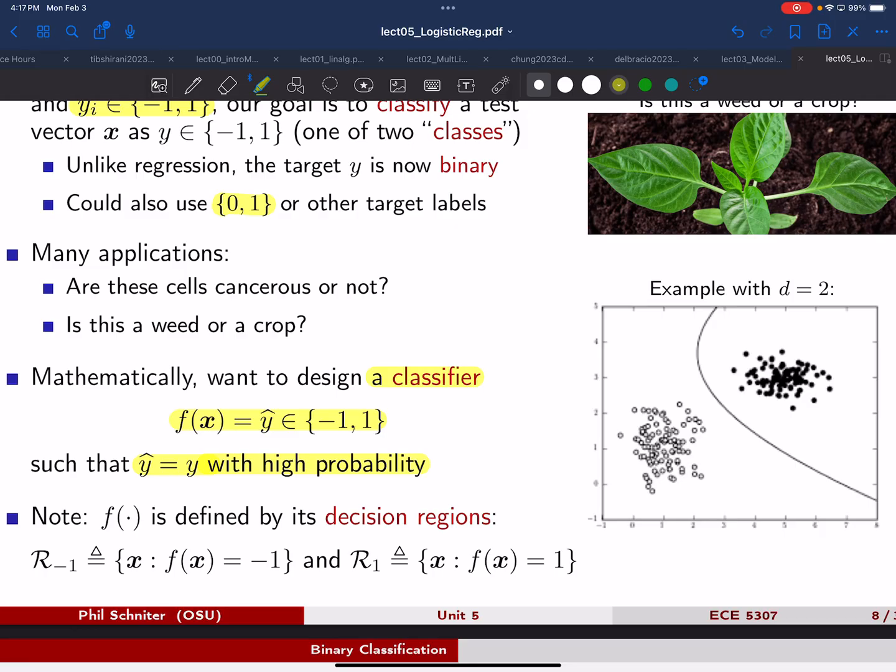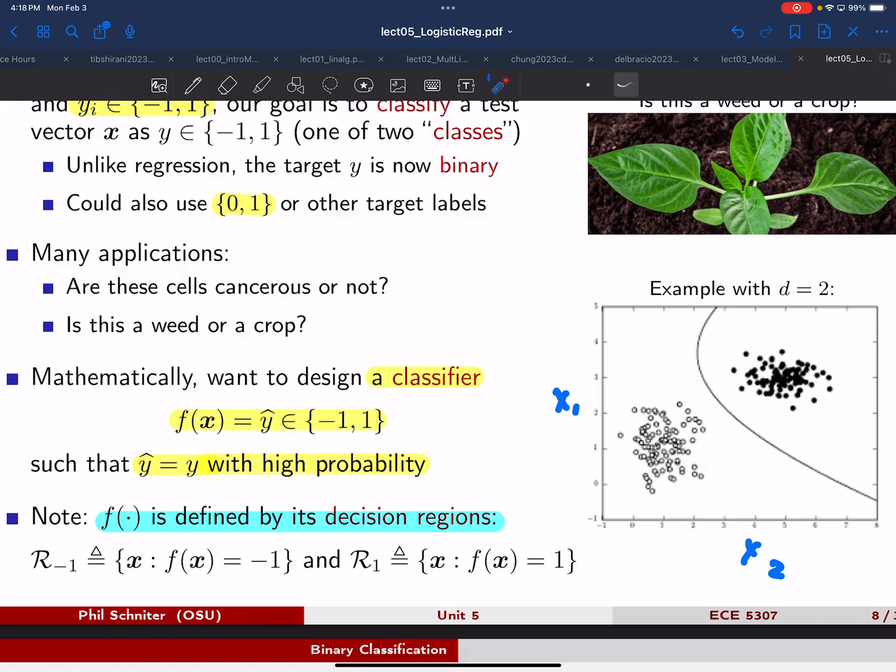Okay, now, something we can do that is a little different than what we did with regression, as we just discussed, is that we can define that function by decision regions. So, in particular, if you think about all the x for which f(x) is -1, that would be one region. We could call that the region of -1. And then you could say, what are all the x such that f(x) equals 1? So here's an example where there's 2 features. So we would have x1, x2.